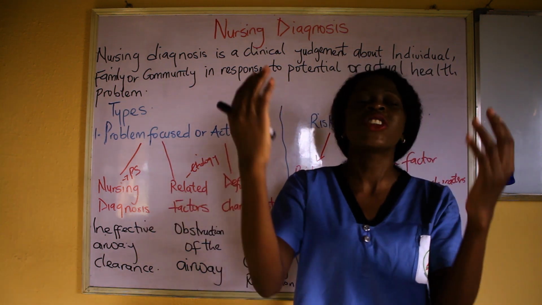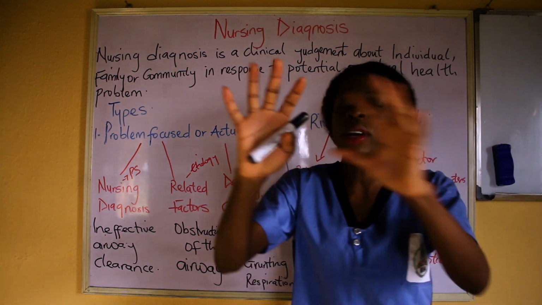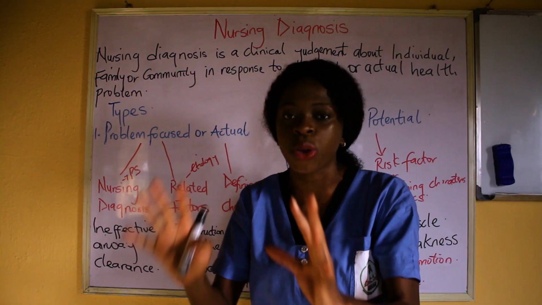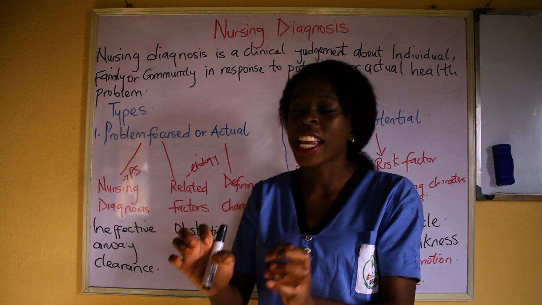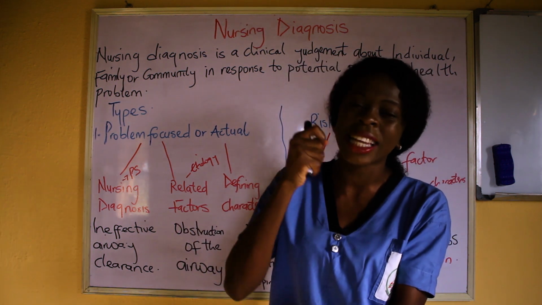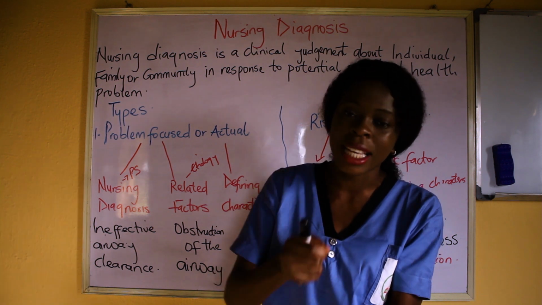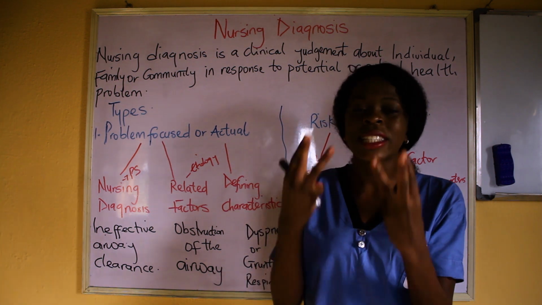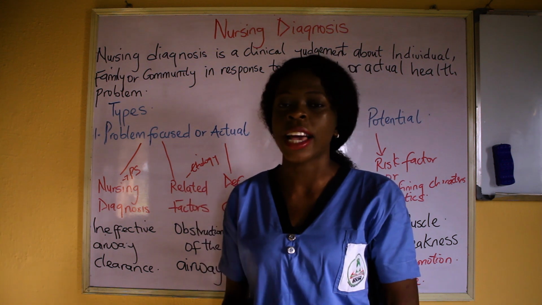It is not what the nurse envisaged will happen. It has already happened. The signs and symptoms are obvious. You are seeing it. It is present in that patient at that period of assessment.